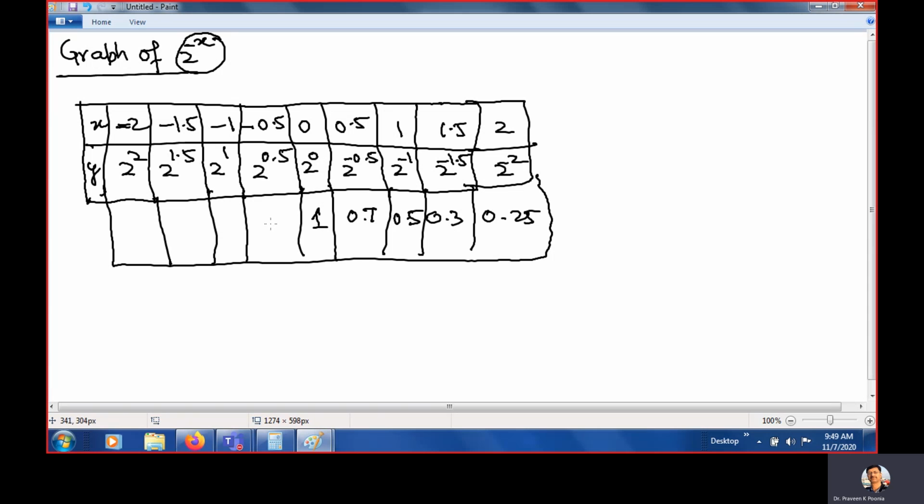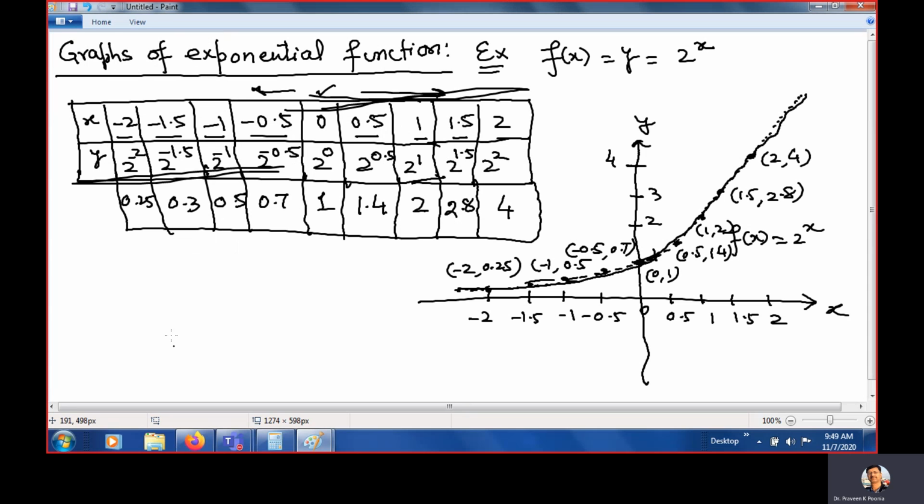2^0.5 is how much? 1.4. How much is it? 2. It is 2.8 and it is 4. So the values are the same, only their position changed. Clear? Here, if you see the graph, 0.25, 0.3, 0.5, 0.7, 1 and 4 means the values are increasing.